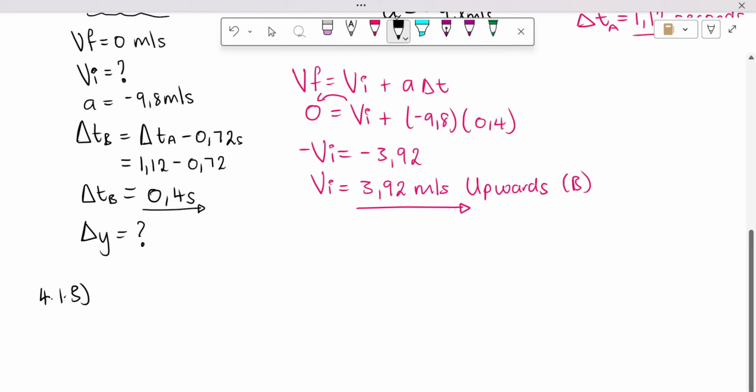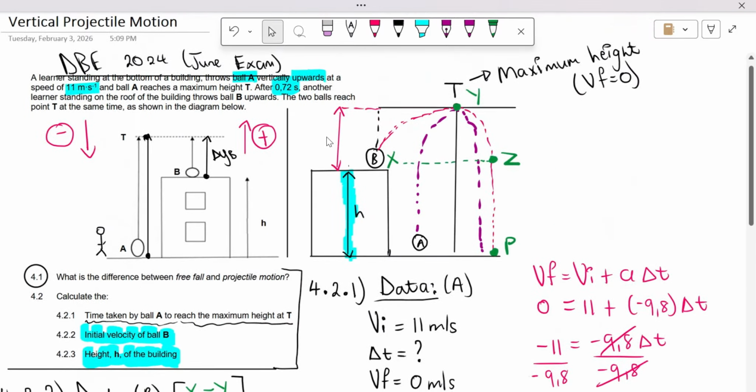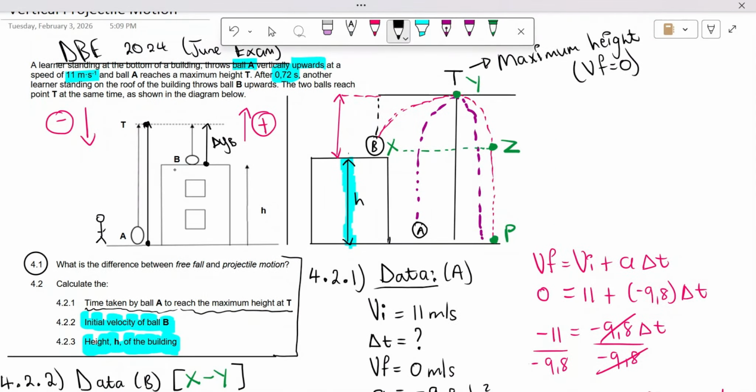The height of T must be equal to the height H plus delta Y for B. Remember that height T is the total height from the ground, and it consists of exactly height H, the portion at the bottom, plus delta Y of B, the portion at the top. I hope you can see that.